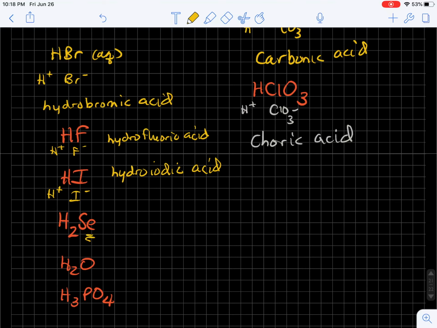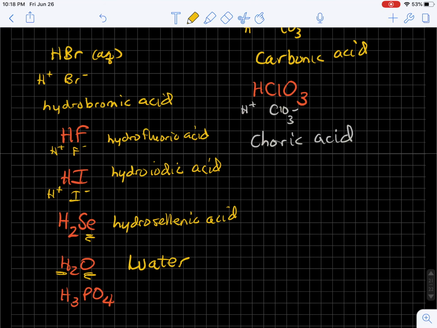And then for this one, is it binary or ternary? It's binary, comes from the element selenium, and so we're going to call this hydroselenic acid. And this one comes from oxygen, and we know it's an acid because it has a hydrogen here, so we're going to call this hydrooxic acid.